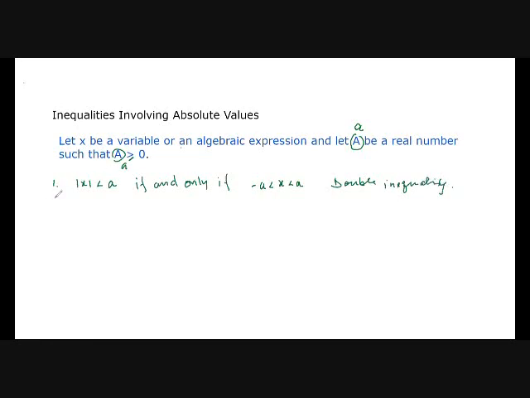Okay, and the second case is, if we have absolute x greater than a, then if and only if we have x greater than a, or x less than negative a.